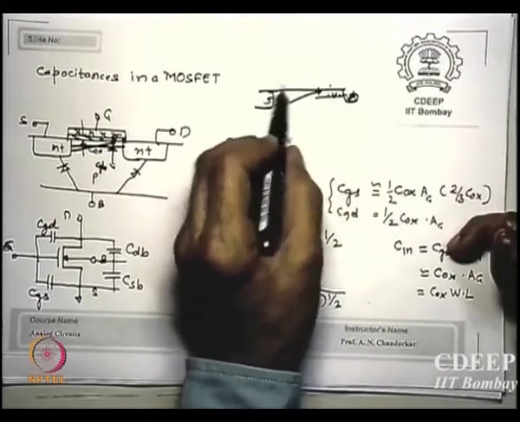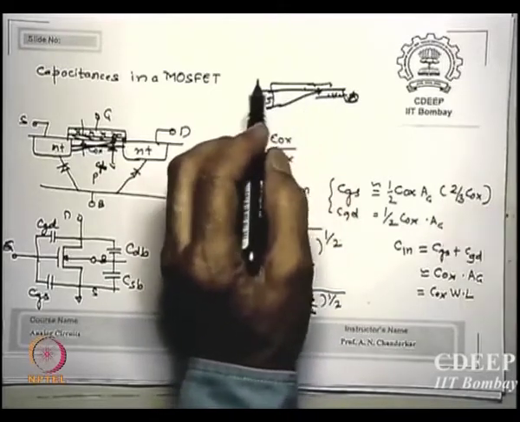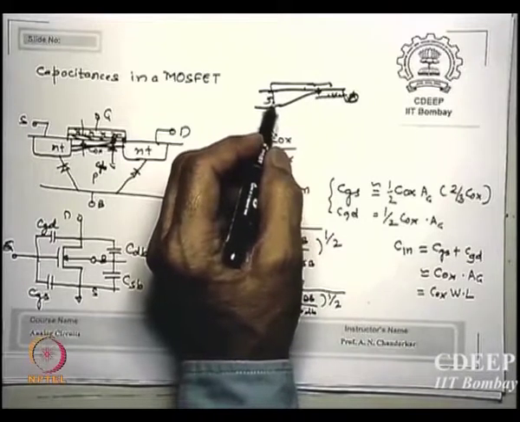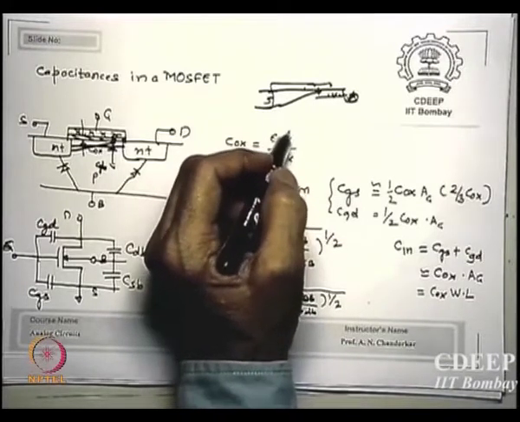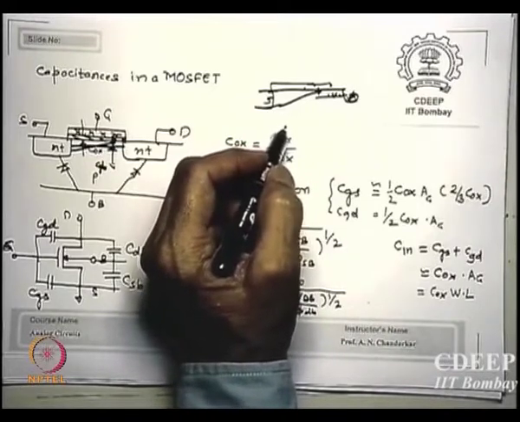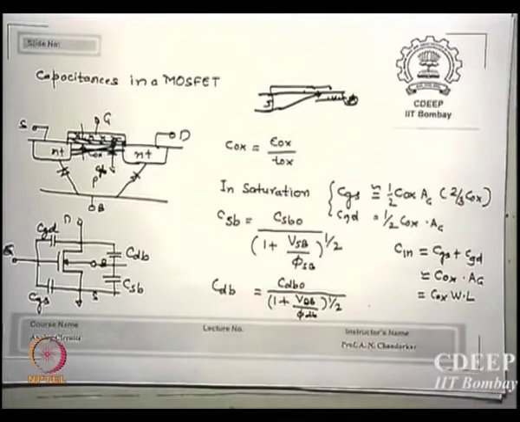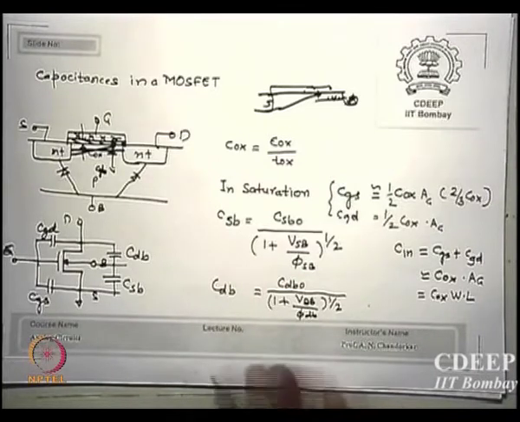Whereas if you look at the source side, the oxide is still sitting here. So all of Cox is pushed to the source side. Okay. So in saturation, you may use Cin as Cox into W by L in any mode of operation. That may not be accurate, but that is good enough for our calculation as far as numbers are concerned. In physics, yes, we have to find what exact values we get. Is that okay?